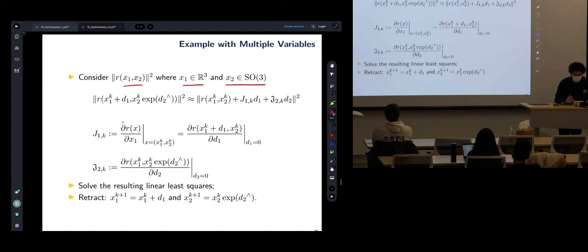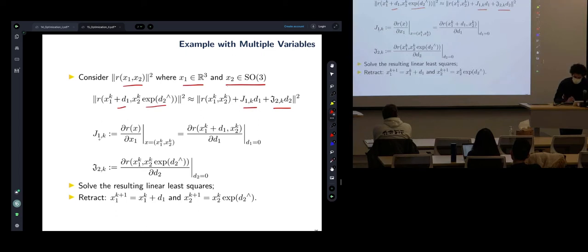The delta that we want to calculate has a d1 term for the point and a d2 term that we integrate using the exponential map for the rotation part. If we linearize this problem, there will be a Jacobian for d1 and another Jacobian for d2 in the Lie algebra.